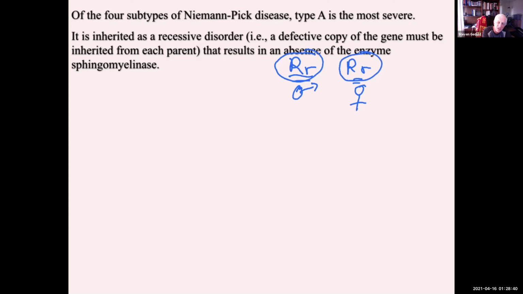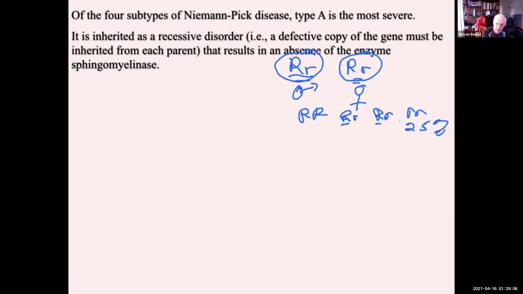Because when combining the chromosomes, the only possible combinations you can have are big R, big R, or big R, little r, or again big R, little r, or little r, little r. This big R comes from the father, and this big R comes from the mother. So there is a 25% chance their offspring will have Niemann-Pick disease.